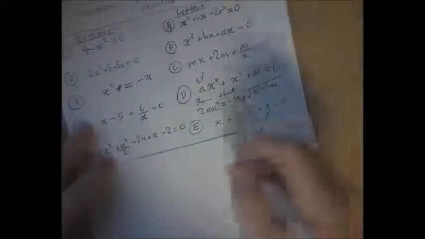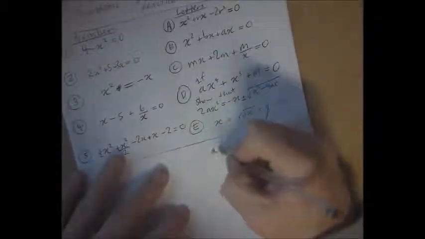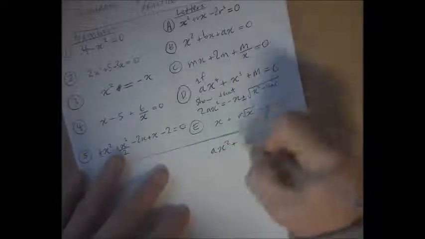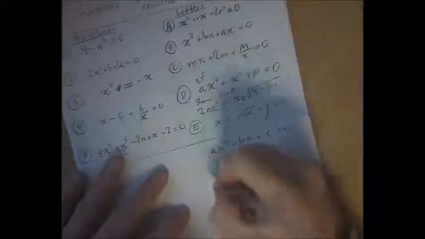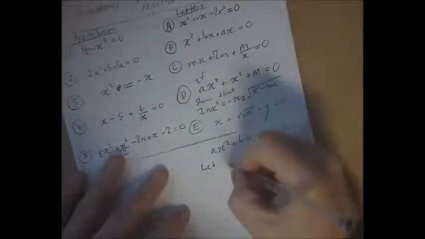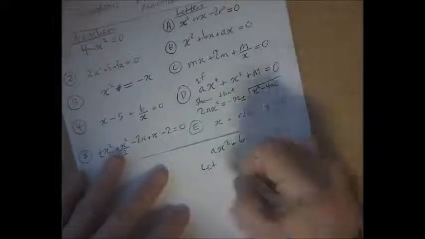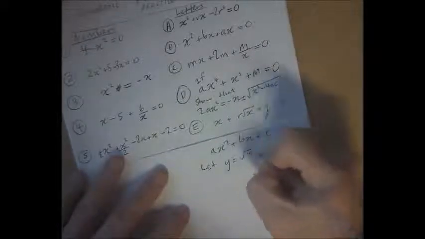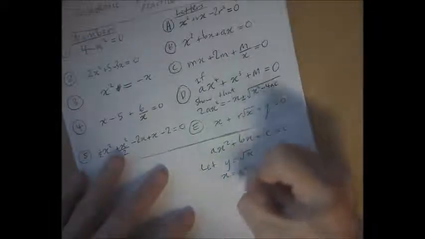This question E, again it doesn't look much like the general ax squared plus bx plus c business. But if we name root x, then we can say that x equals y squared.